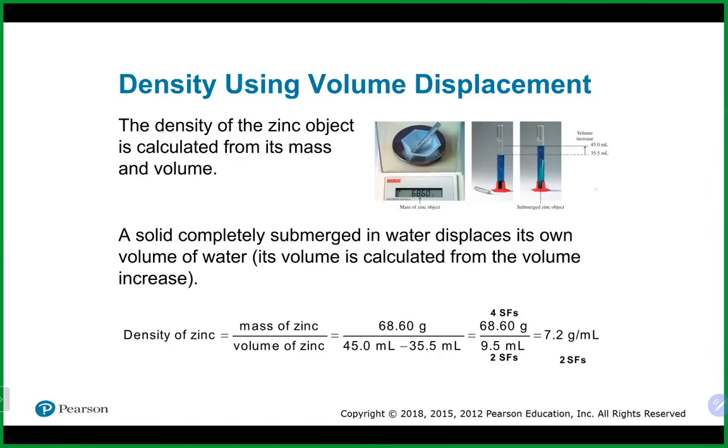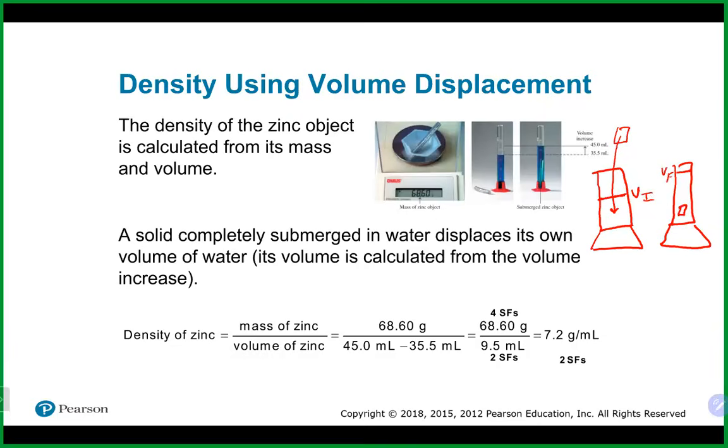But very commonly, we could do volume by displacement, which means that if you take a volume of a solution like water and you put it in something like a graduated cylinder, and if you take some type of solid and you put it into that cylinder that has the water, what will happen is the water level will rise in the cylinder because of the solid that went in, and we'll have a final volume.